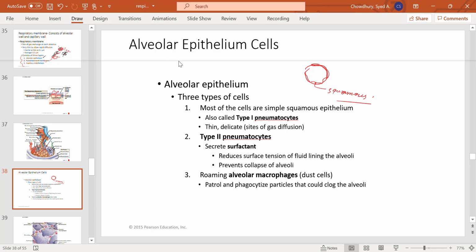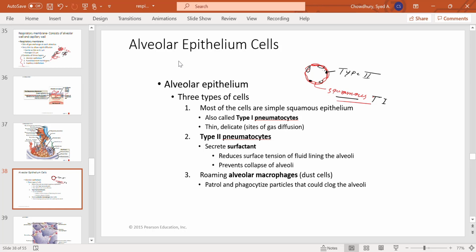Okay, and then you also have the other two types of cells. What are those? You have some macrophages, phagocytic cells, and also surfactant secreting cells or type 2 cells. Okay, so three types of cells. Squamous cells are type 1 and the surfactant secreting cells are type 2.